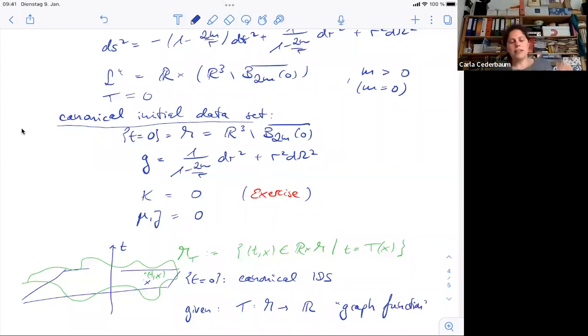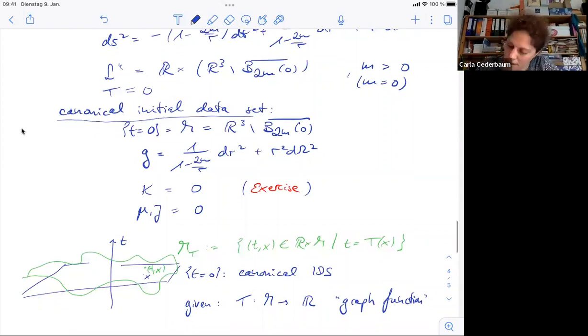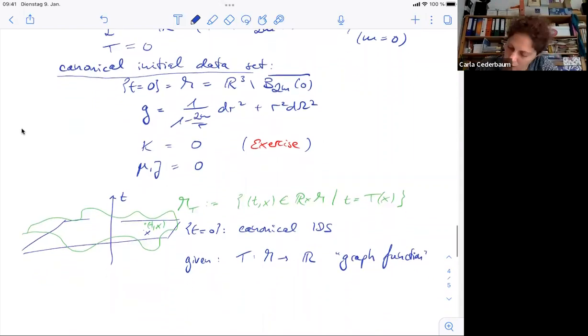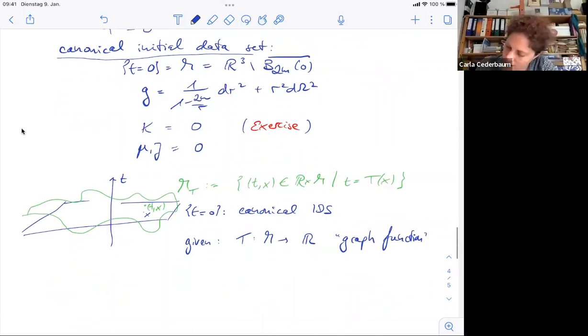This is just like a graph in your multivariable calculus course. Now in a spacetime setting, what you usually call the y direction or the z direction is called the t direction for obvious reasons, and we can consider graphical initial data sets. Then we can study M_T, which is a graph, and we can study the induced metric.